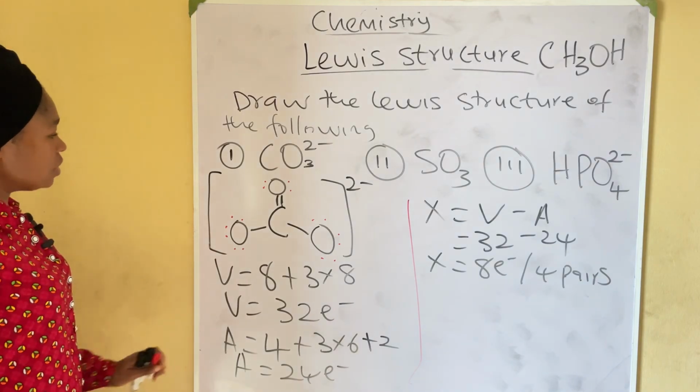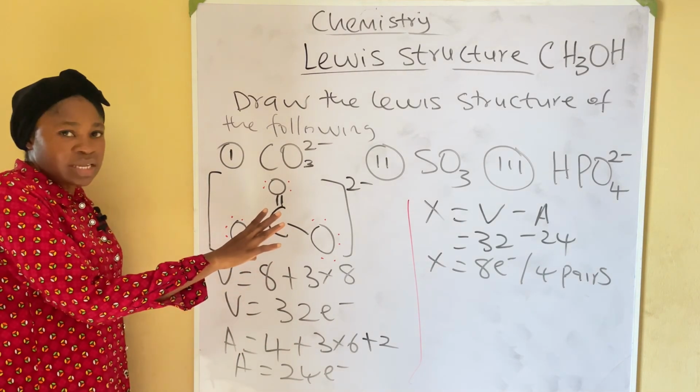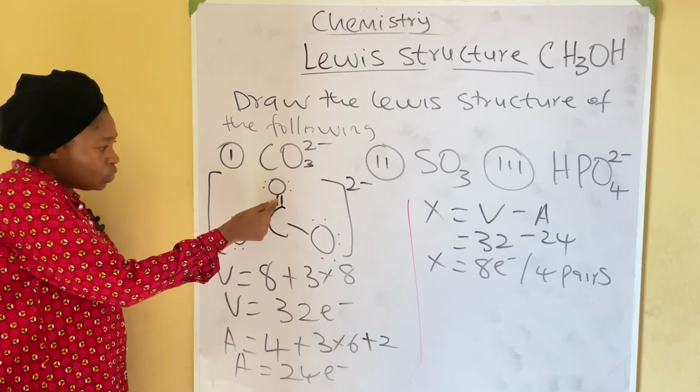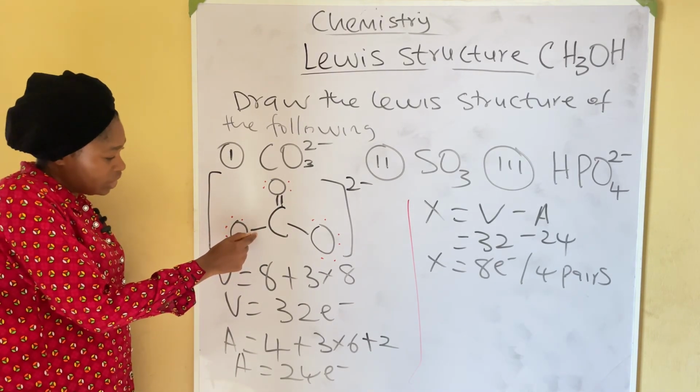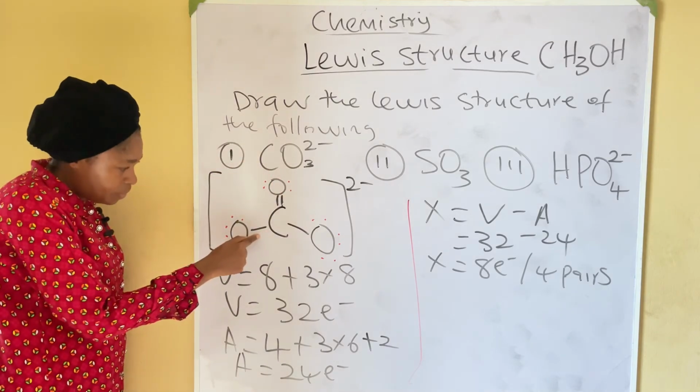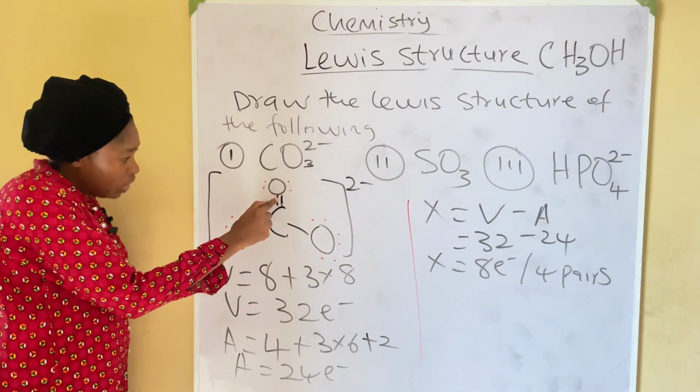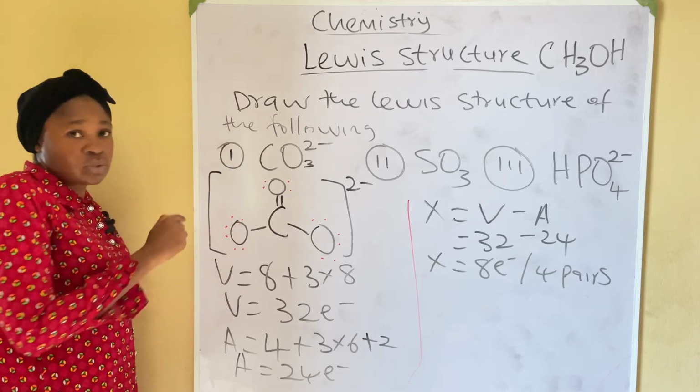Okay, look at this structure. Is there anything wrong if I put this double bond here? This double bond can as well be here, and this one becomes a single bond.